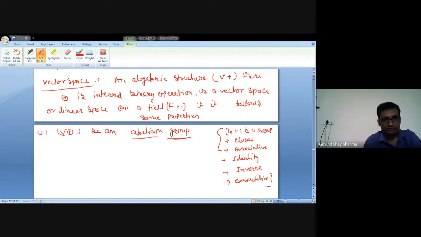Now come to our second condition for vector space. Alpha belongs to F, where F is a field, and v belongs to V. Alpha dot means multiplication; this is also called scalar multiplication.